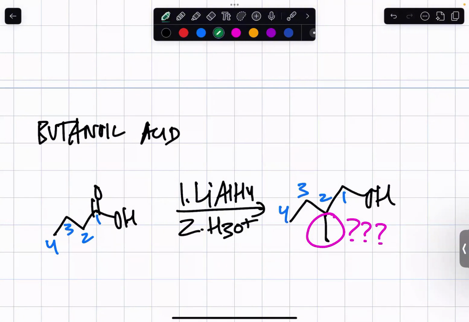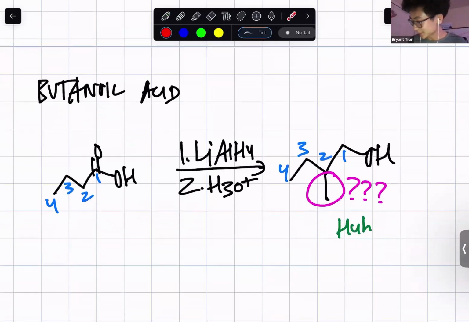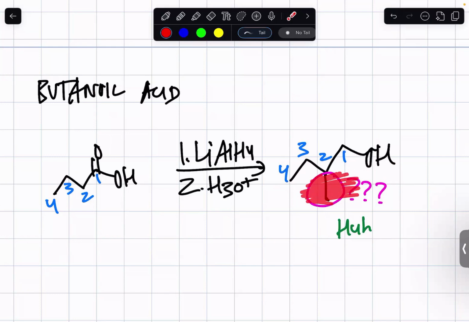Let me see if I can find it real quick. I don't know where that methyl group came from. Are these the only reagents? Yeah, that's it. That's not supposed to be there. Yeah, that's not good.